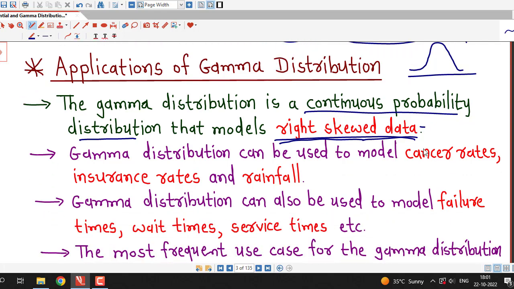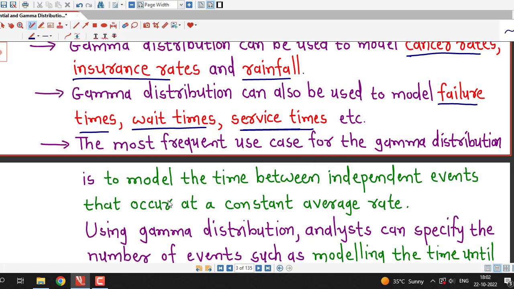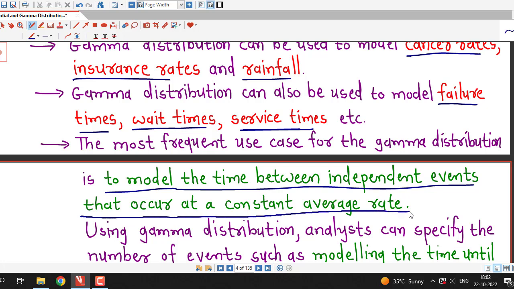Gamma distribution can be used to model cancer rates, insurance rates and rainfall. It can also be used to model failure times, wait times, service times, etc. The most frequent use case for the gamma distribution is to model the time between independent events that occur at a constant average rate, which we denote by lambda.